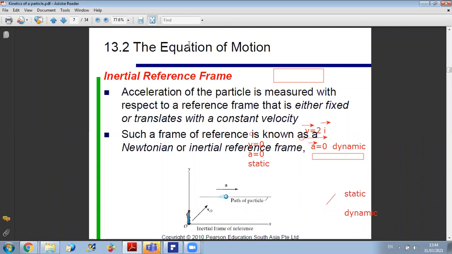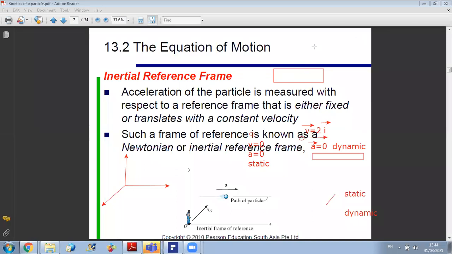Because we will see together that if you have a frame having an acceleration, then you should add to the forces acting on the particle what is called the force of inertia. While if you have a fixed frame, or a frame moving at constant velocity, and you apply the Newton law in this frame, sum of forces equal ma, then you will just take into consideration the normal forces. You should not add any additional force.